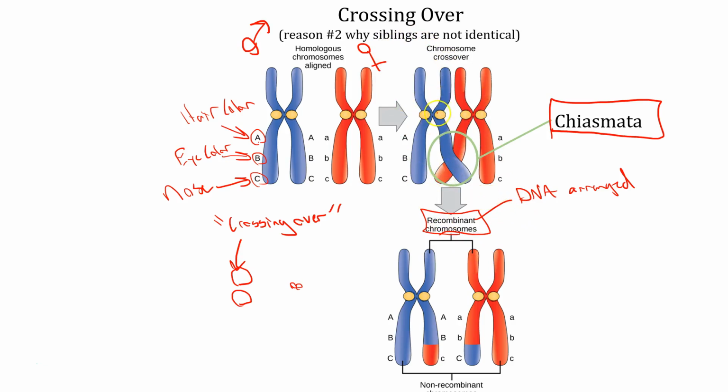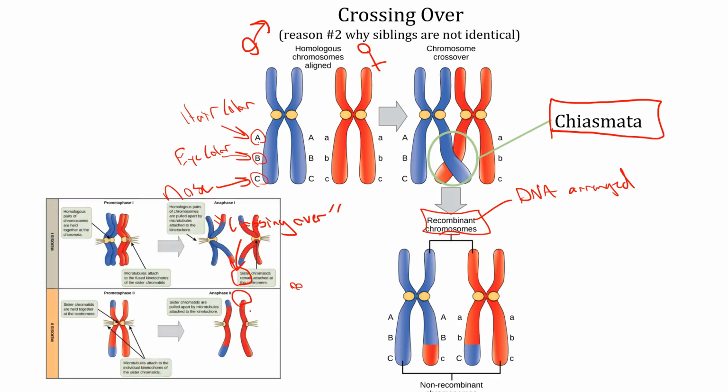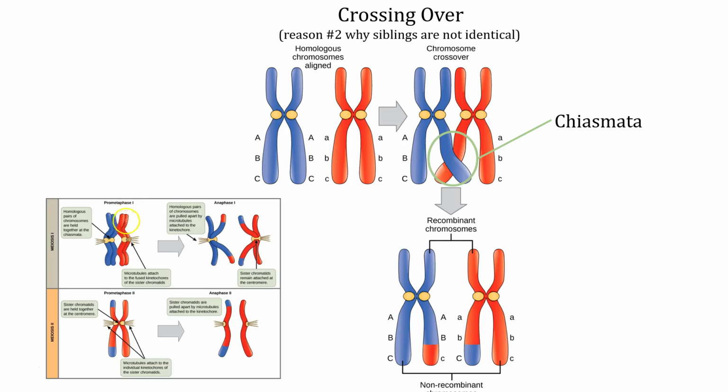Not only can there be variation in how they line up at the metaphase plate, but in addition, there's variation in how they swap DNA. It happens differently every time this process occurs, so it's going to produce a bunch of sperm or eggs that are genetically non-identical from one another. This picture shows you a little bit of how that works. In prometaphase 1 of meiosis 1, the two regions fuse together, forming structures known as chiasmata, and then they swap DNA at that spot.